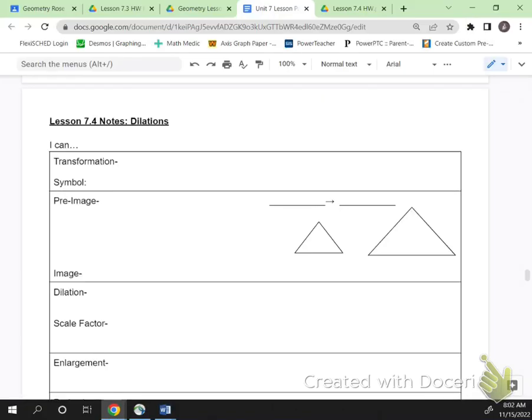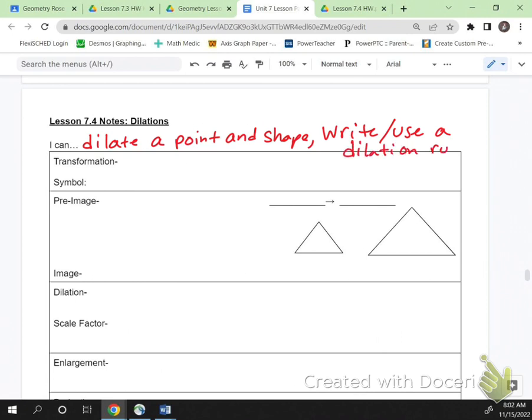Today I can dilate a point in shape and write/use a dilation rule. So it's going to look very similar to our translation rules, but dilations involve multiplication, not adding or subtracting.